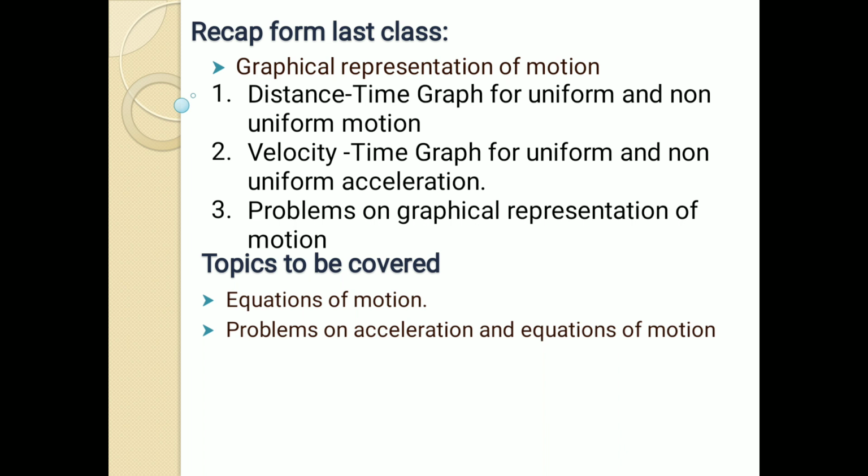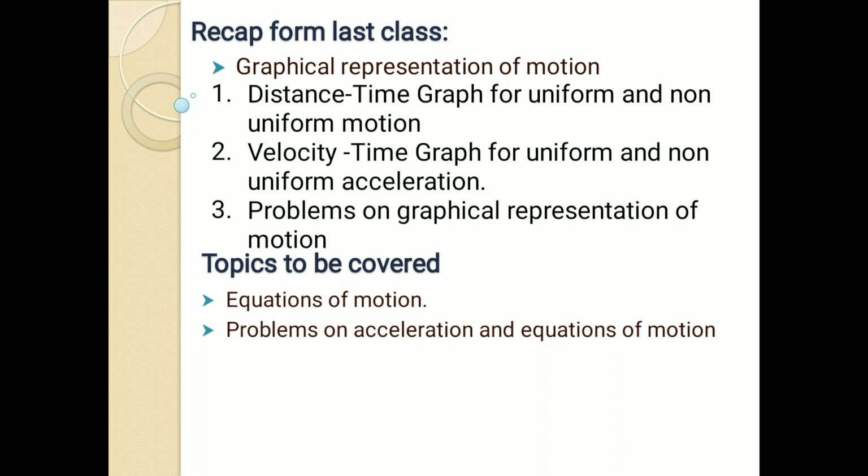In the distance-time graph, uniform motion shows a straight line because there is equal change in distance in equal intervals of time. Non-uniform motion shows a curved line. In the same way, in the velocity-time graph, uniform acceleration shows a straight line because velocity changes equally in equal intervals of time.